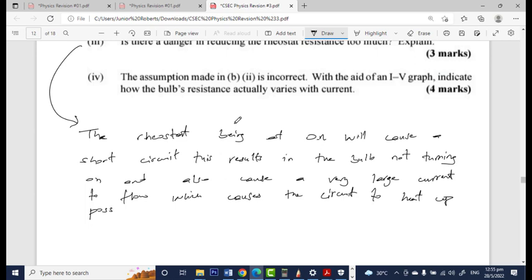So we want to tell the examiner that we know what's going to happen.